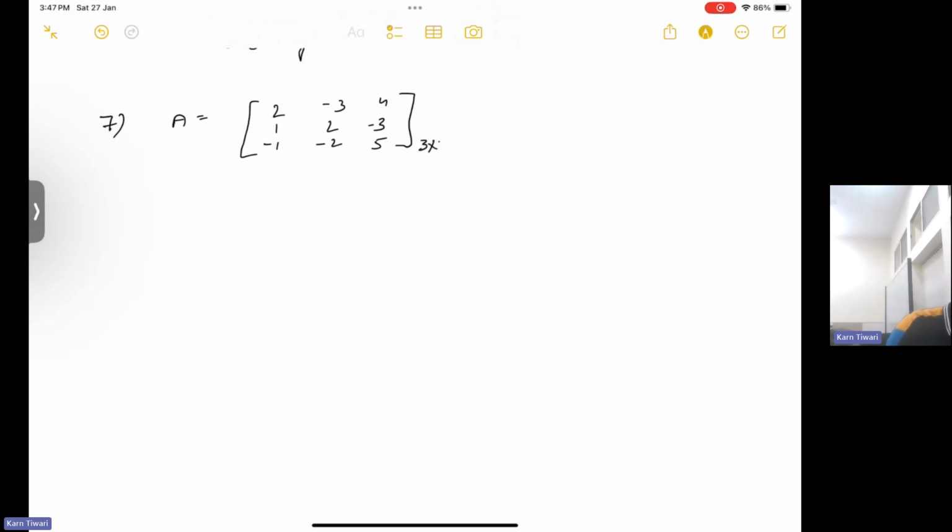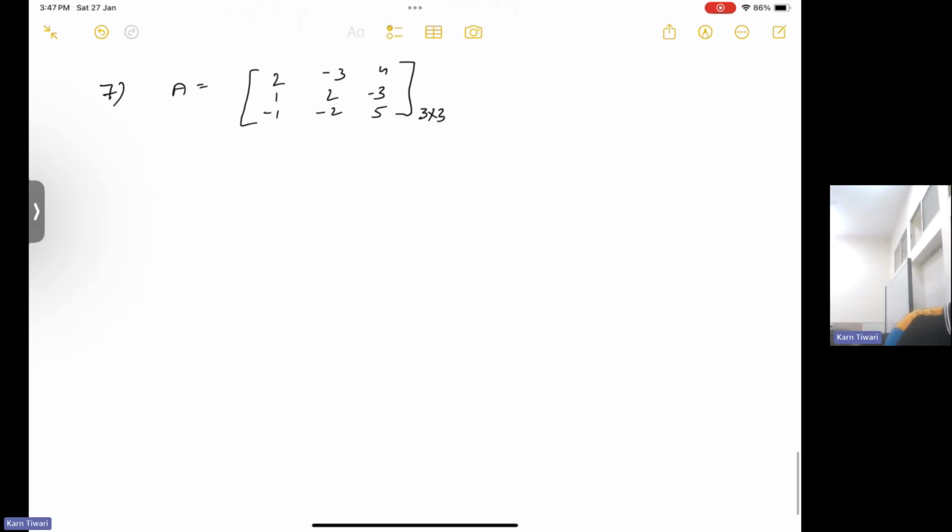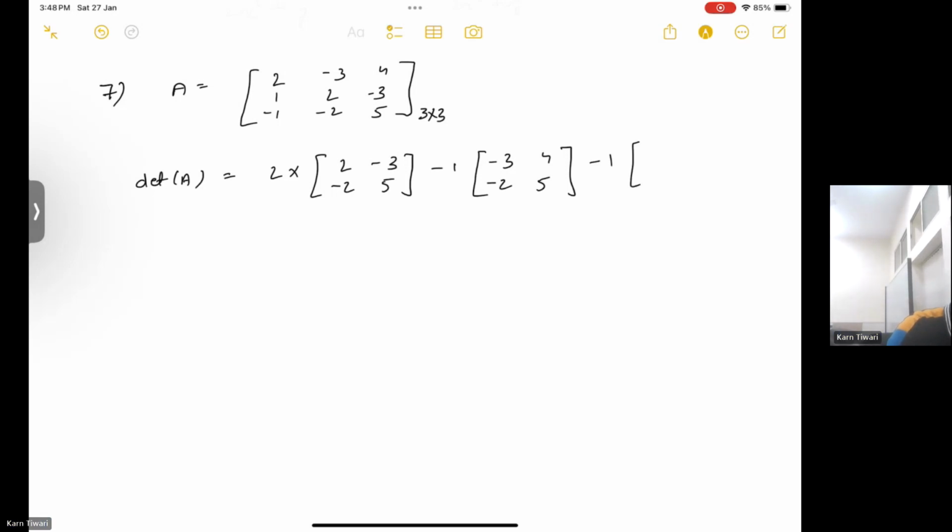Simply, it's a 3 cross 3 matrix. Now you need to find the determinant of A. So it's simply 2 times determinant of [2, −2; −3, 5], then minus 1 times determinant of [−3, −2; 4, 5], then plus (−1) times determinant of [−3, 2; 4, −3].